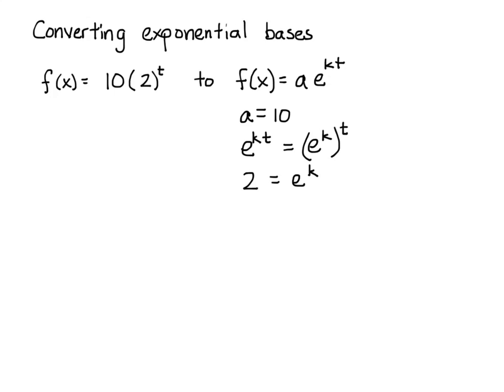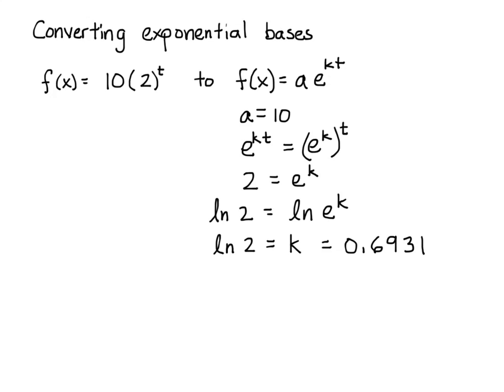The way we solve this now is that we'll take the natural log of both sides. And remember, the natural log of e to the k is just k, so the log of 2 equals k. And you do that on your calculator. The natural log of 2 is 0.6931. So now we just make a substitution, and there's our equation. So this function and this function are exactly the same.